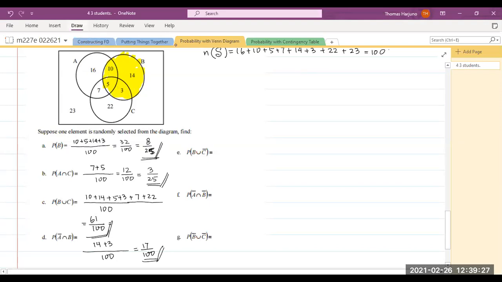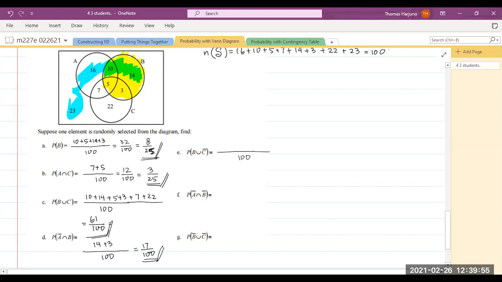Outside of C refers to this, this, this, and this. Now, because it's an or, as long as it satisfies one of the requirements, in other words, as long as you shade it or color it at least once, you already count it in.